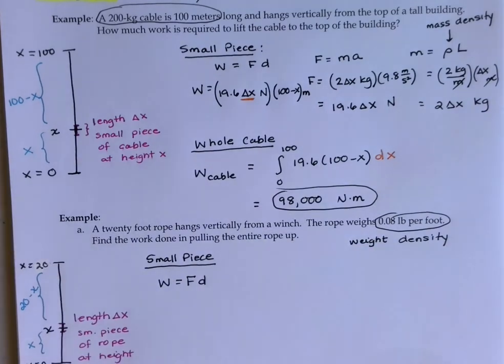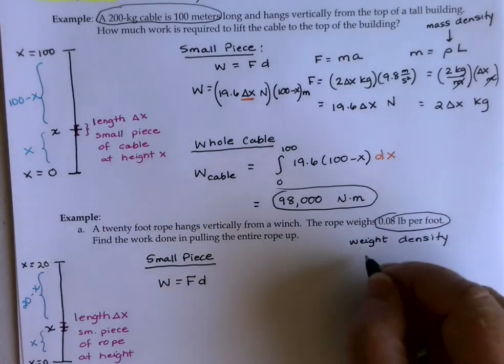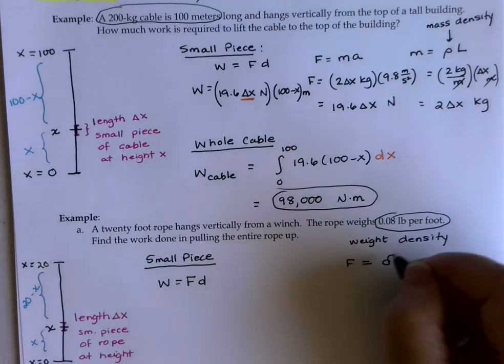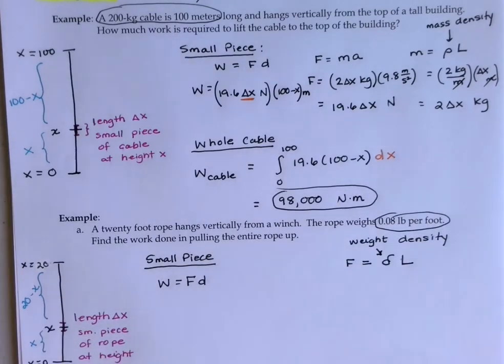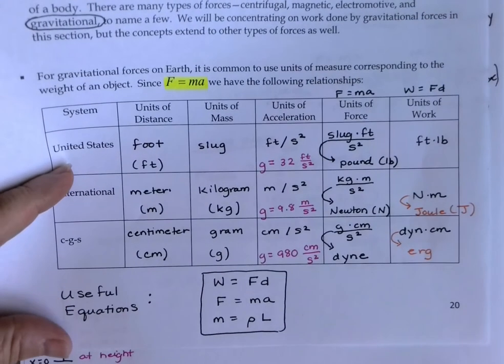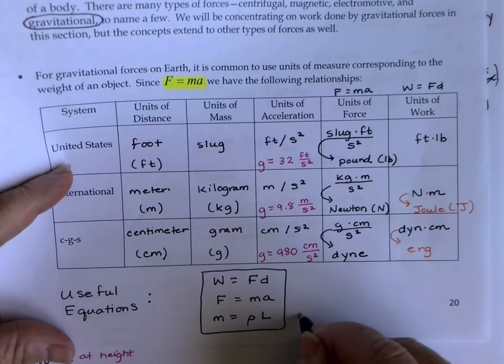So I'm actually going to introduce a slightly different equation this time. I'm going to say, in order to get my force, if I take that weight density, which I'm going to call delta, and multiply by the length, I'll actually already have pounds. I'll already have the force. I don't need to convert with the F equals ma. So if you want to, down in your useful equations, we could add a new one.